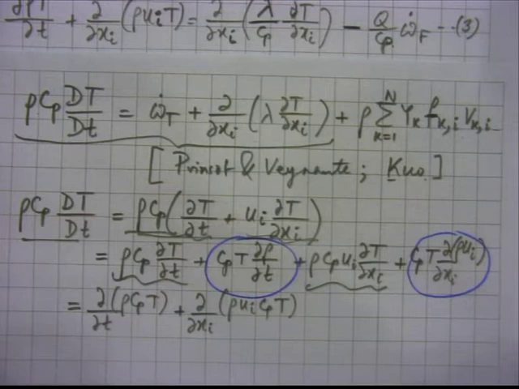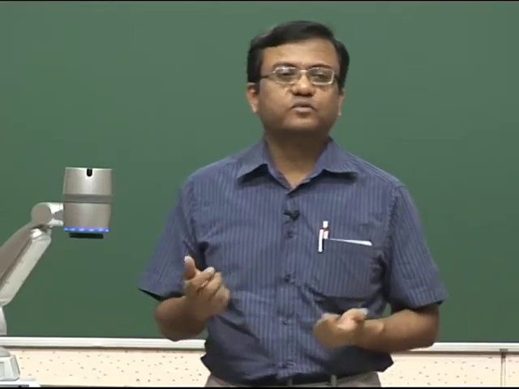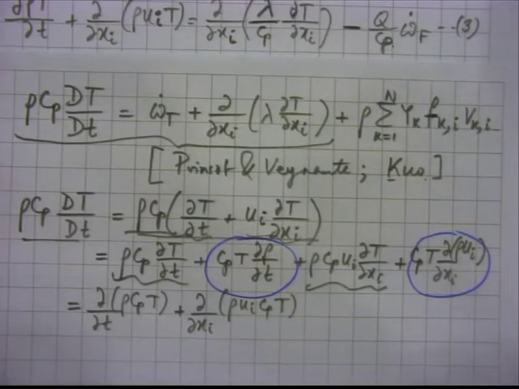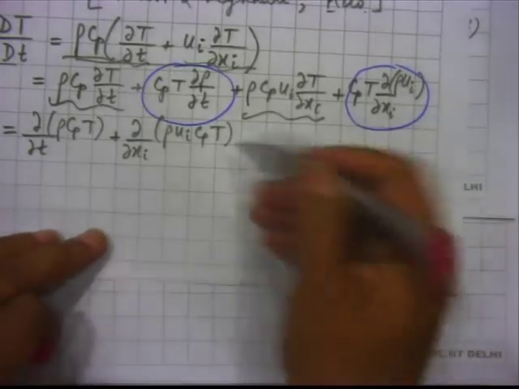We can add these two things in blue if, yes, continuity, mass conservation. So, if you add these two things in blue, then you get Cp T as common.